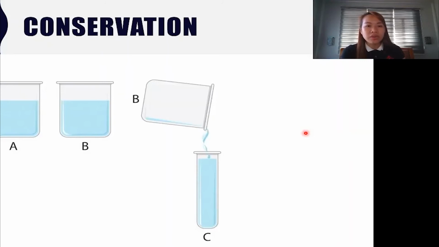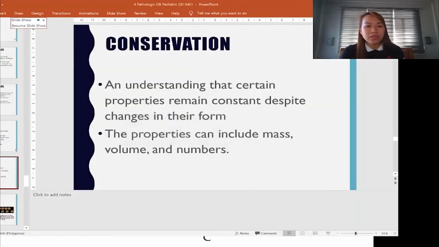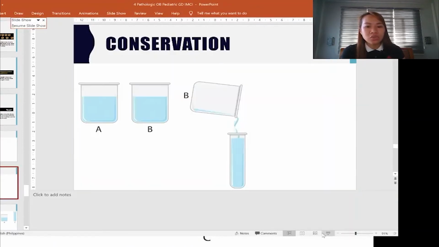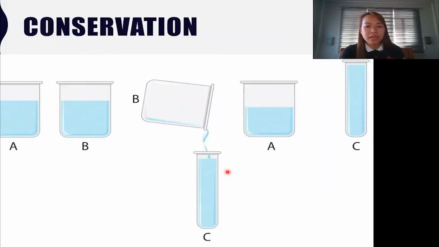Okay? Another example would be this. If you transfer the content of the beaker to that of a test tube, which is actually the same content, they would think that since this one has a higher water level, it has more.